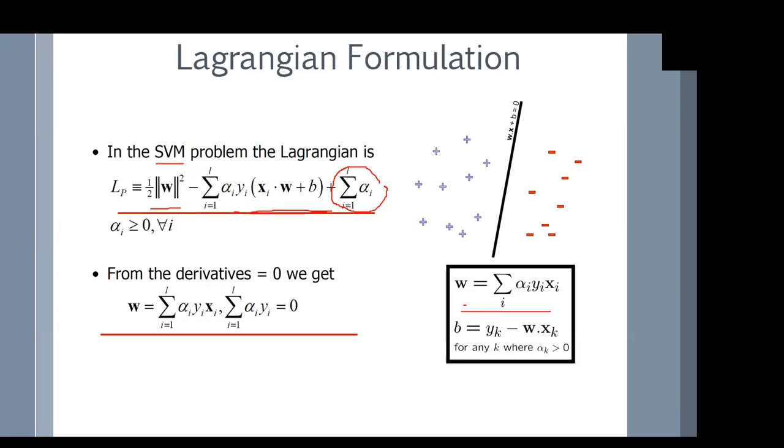If I play further, I would see that actually most of this alpha should be 0. Why? Because they are related to some points in the bulk, far from the margin. And then I conclude naturally that only some points very close to my line should have some non-zero Lagrangian multipliers.